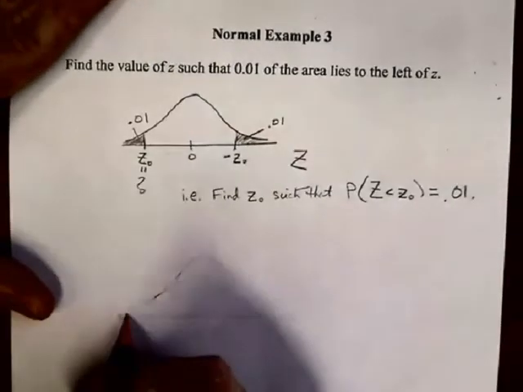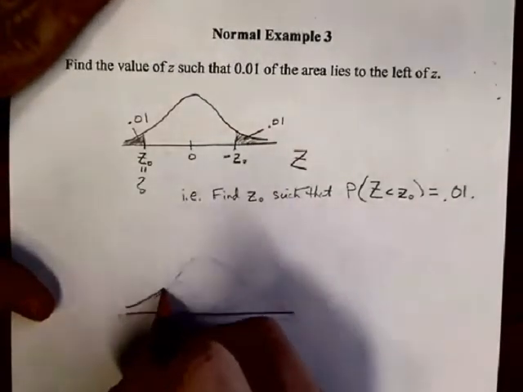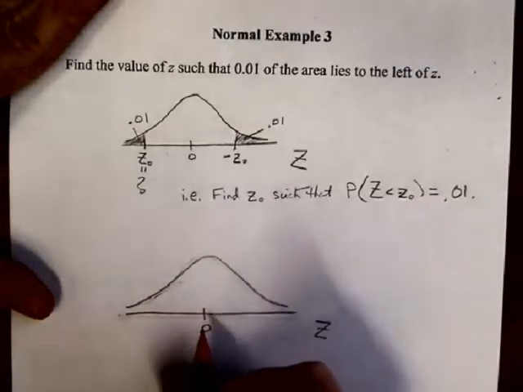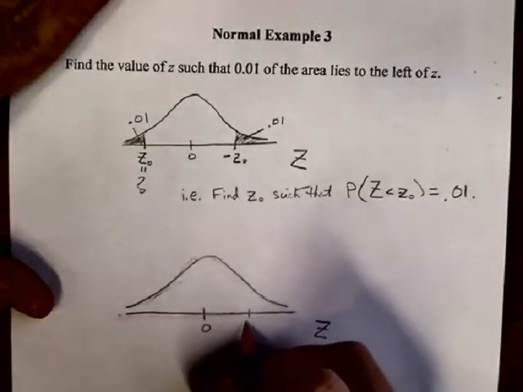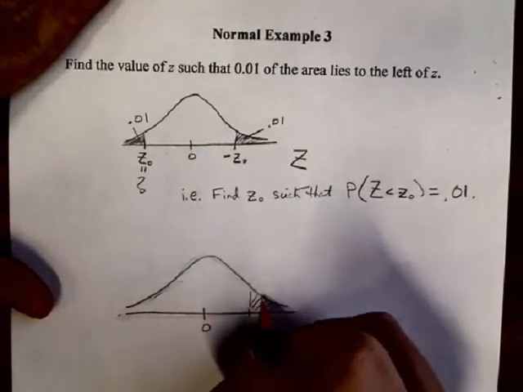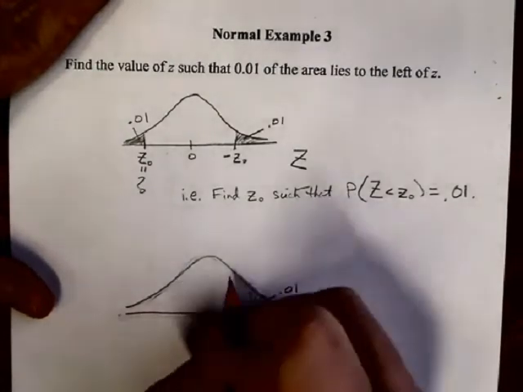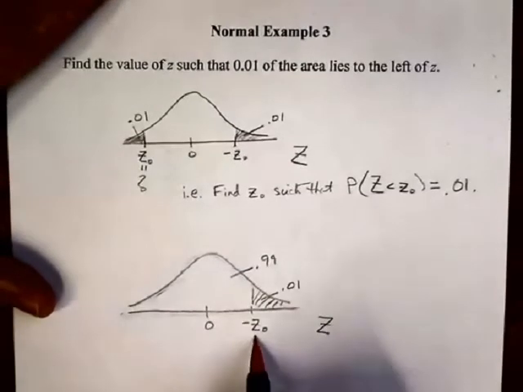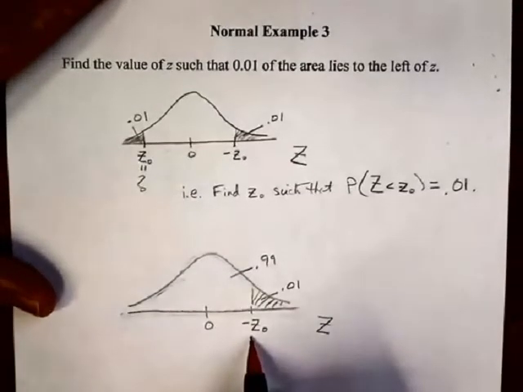So if I redraw my picture here, I'm just going to focus on the right tail of what I've got. Here I've got negative z naught. The area to the right here is 0.01. That means the area to the left of negative z naught is 0.99.